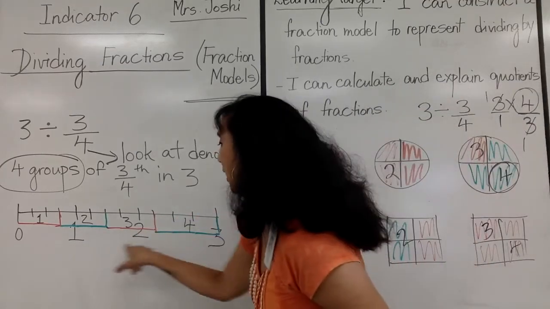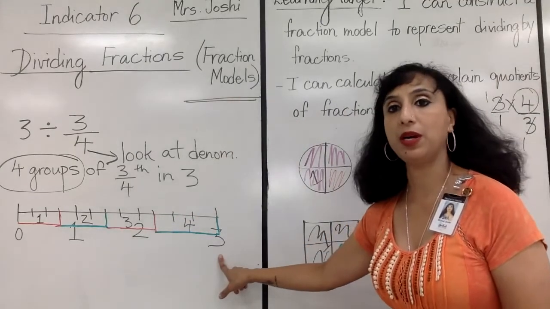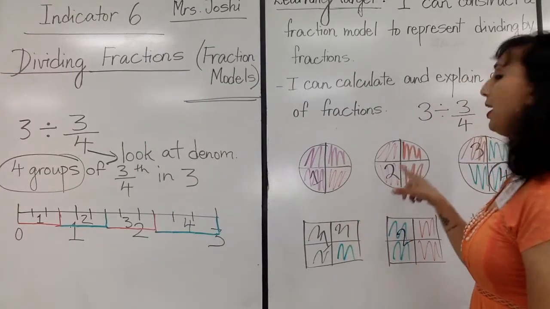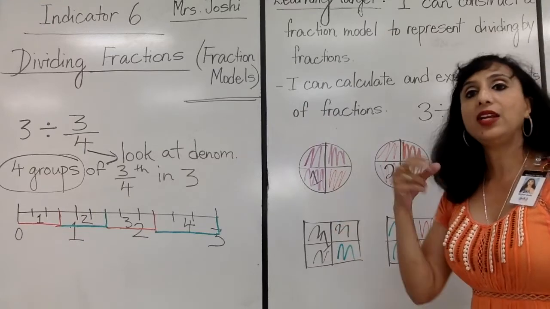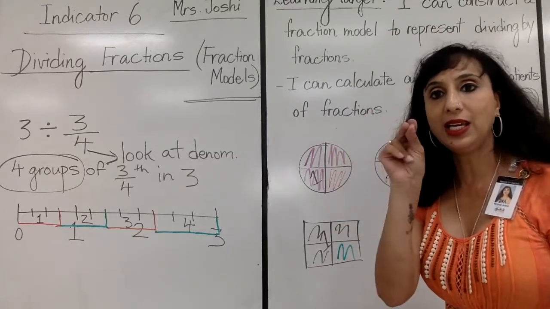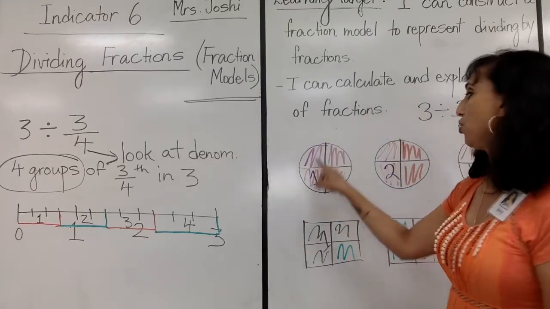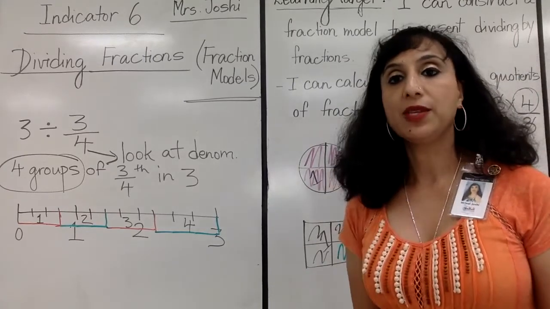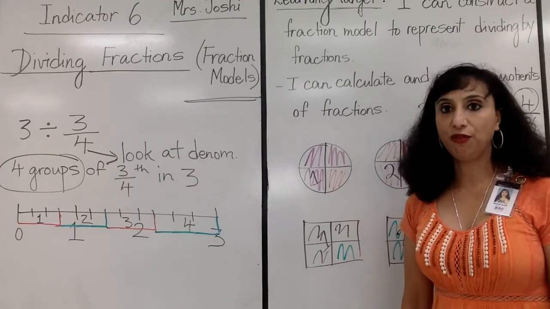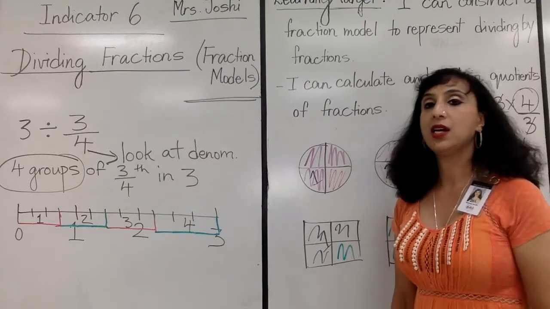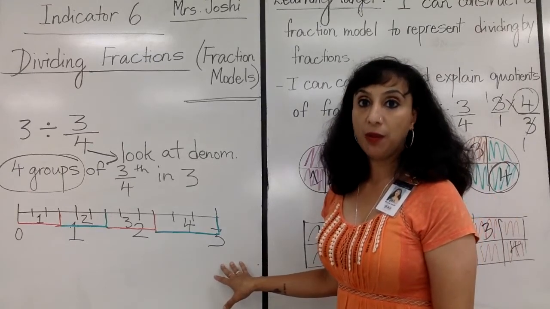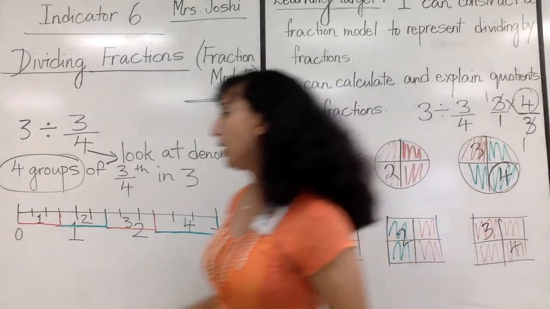And then same thing here, I have 3 parts, so that would be my whole number. And then you look at how many sections there are. So if there are 4, that's your denominator. And then you look at the part that's colored in, that will become your numerator, each group, because then I can see this is 3 out of 4. So that is actually 3 divided by 3/4. So you should be able to look at the model and know what the problem is also, okay?